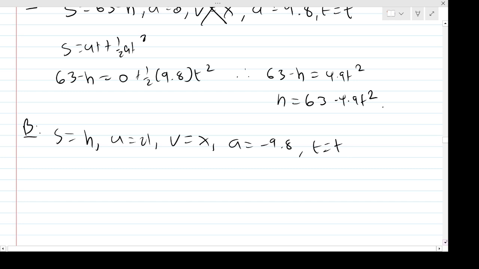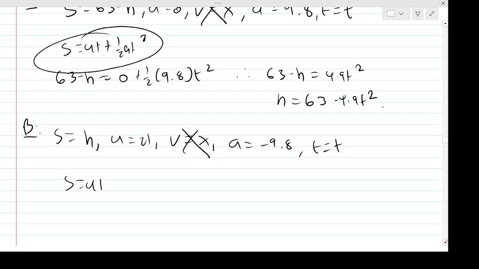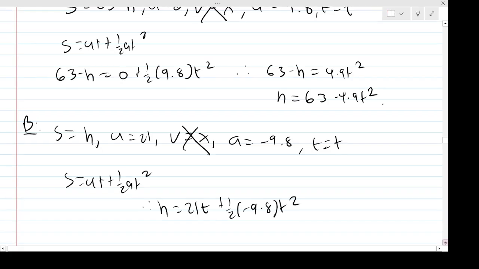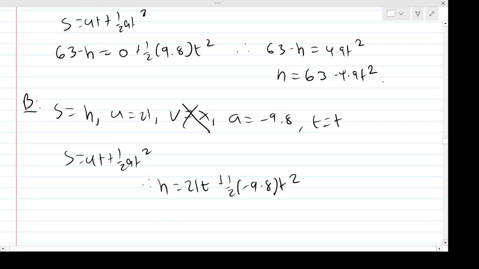So again, we can use the same formula because we don't care about v. S is ut plus a half at squared. So now h is going to be 21t plus a half of minus 9.8 t squared. If we simplify, we get h to be 21t minus 4.9t squared, okay?